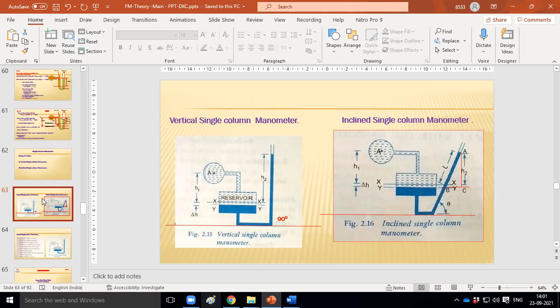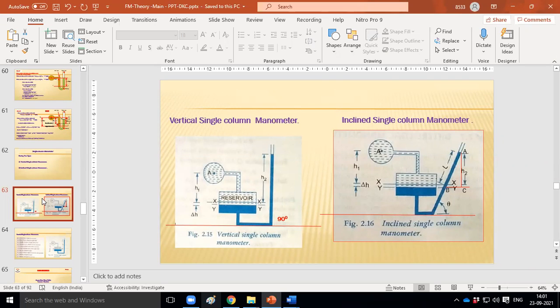Same. And if the cross section area or size of the U-tube is different, meaning one limb has a different cross section area than the other, then the level of mercury going up and going down is different. An example is the vertical single column manometer or inclined single column manometer.